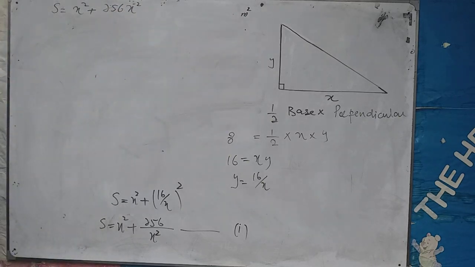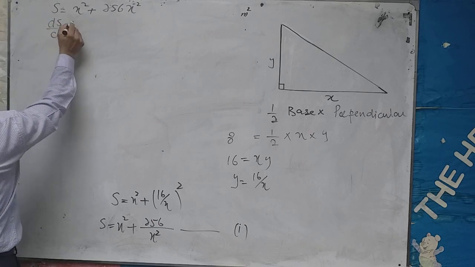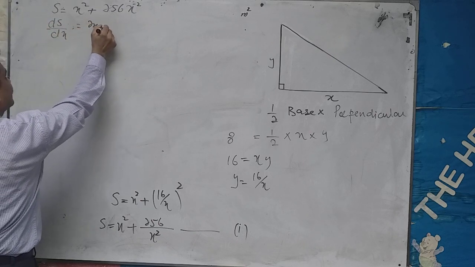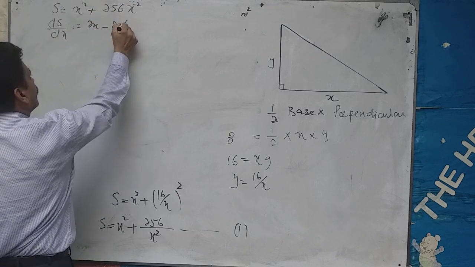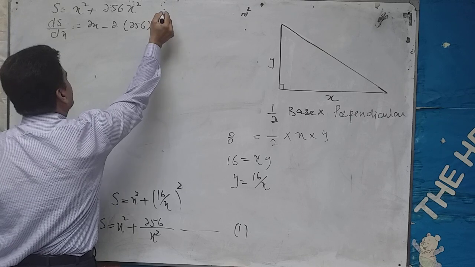By differentiating we get dS by dx is 2x minus 2 multiply 256 x raised power minus 3.